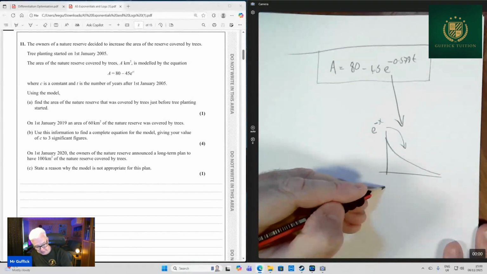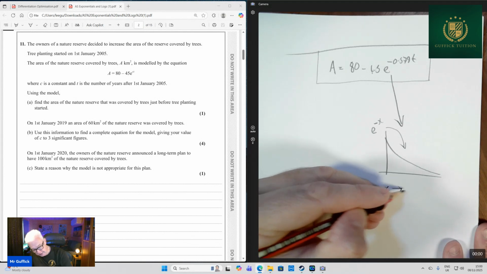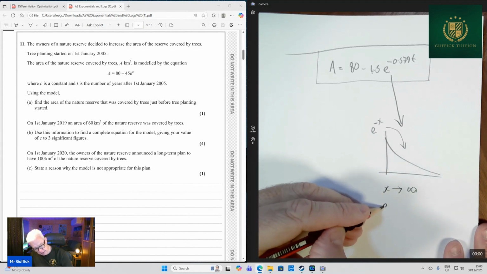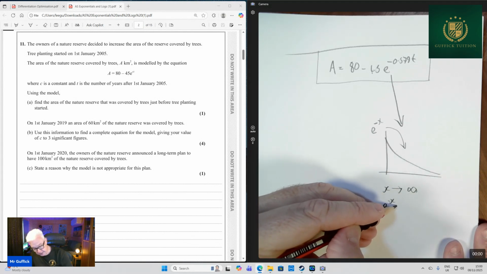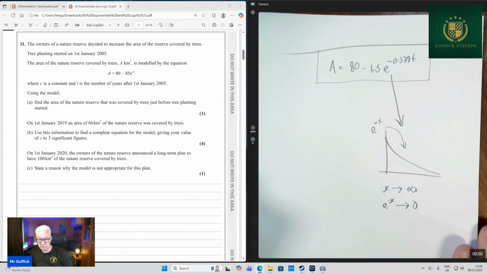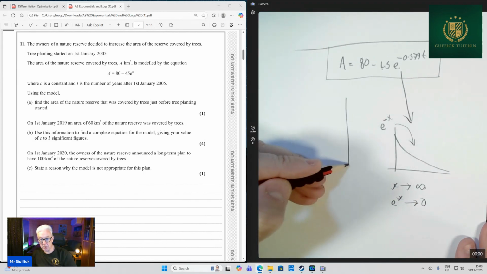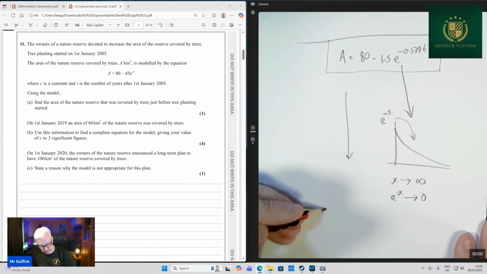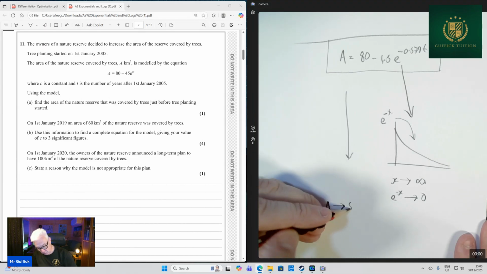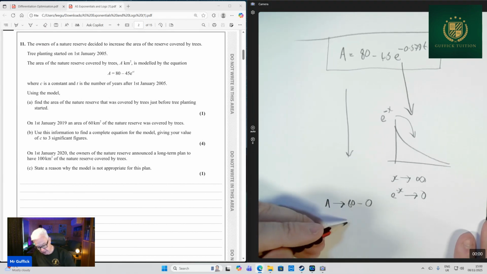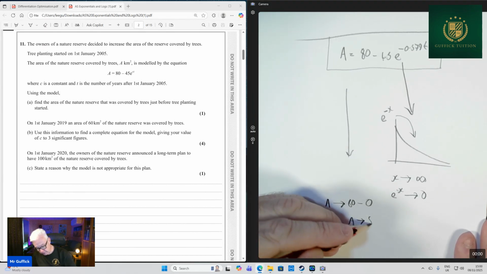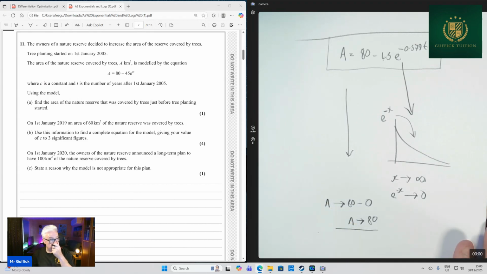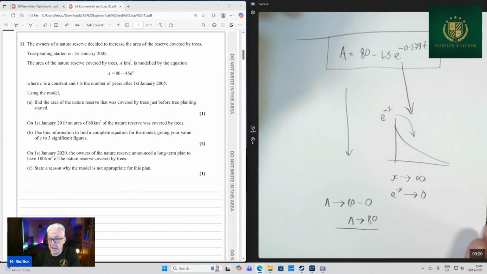And e to the minus x looks like that. So in other words, as x tends to infinity, e to the minus x is going to tend towards 0. So this long-term model is basically saying that a is going to tend towards 80 minus nothing. In other words, a is going to basically tend towards 80.